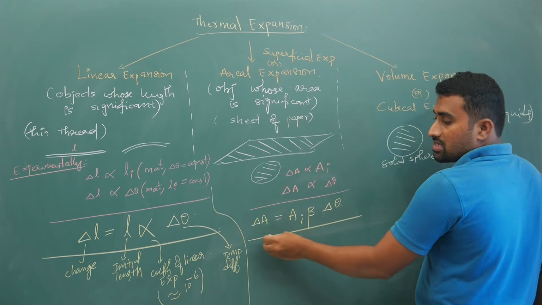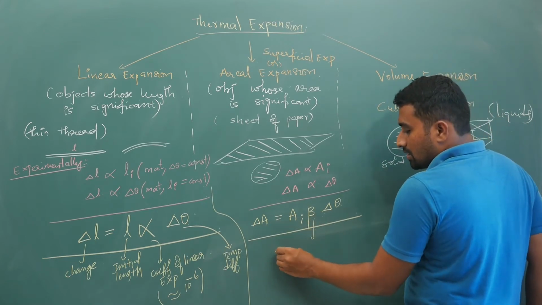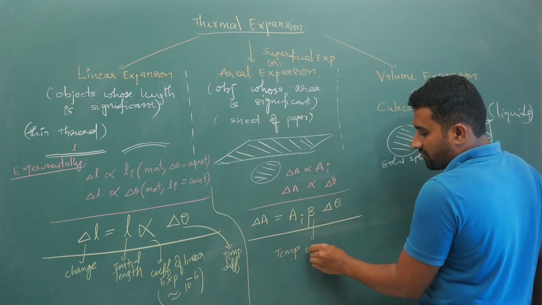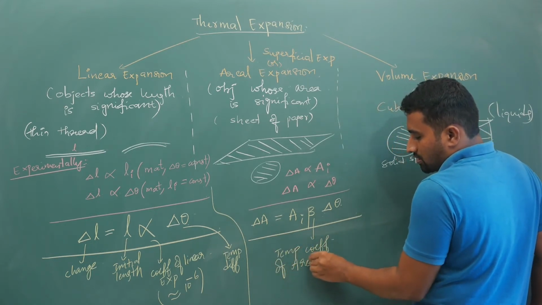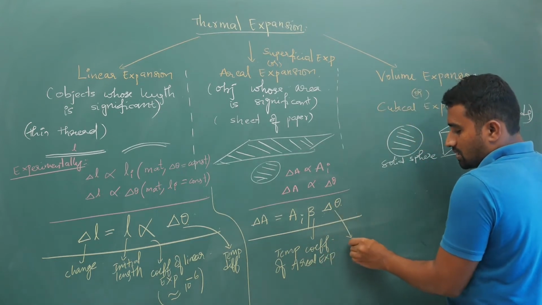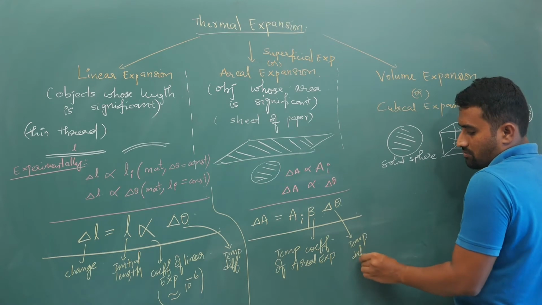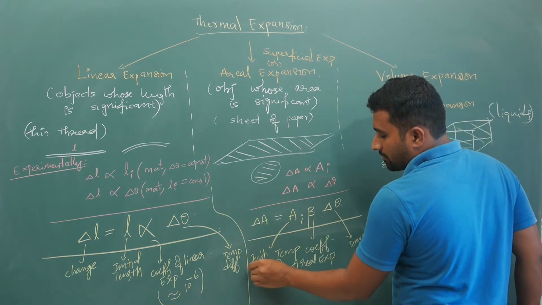This is change in area, this is initial area, beta is the temperature coefficient of areal expansion, and delta theta is once again the temperature difference. A initial is initial area.